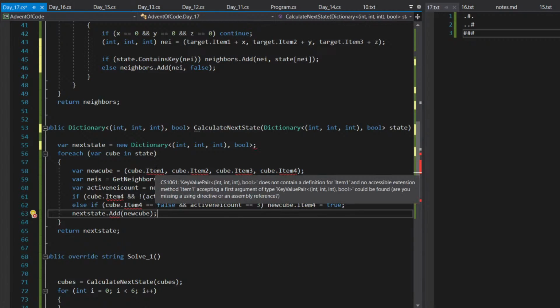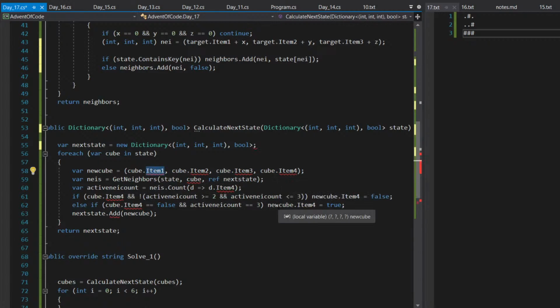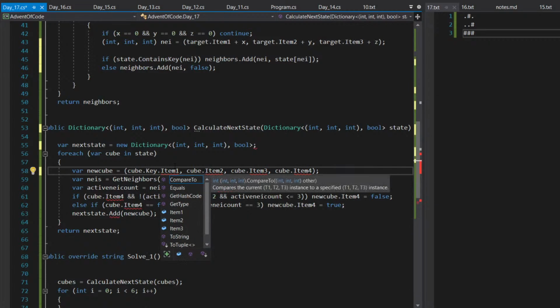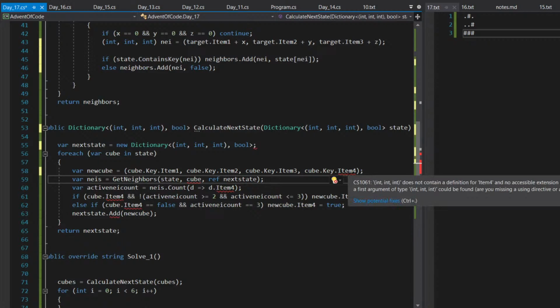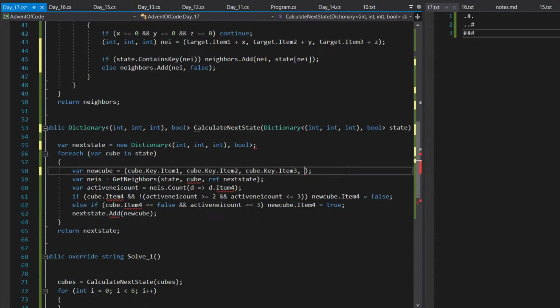All right, new cube equals... When are we getting new cube? Let's see, get neighbors.